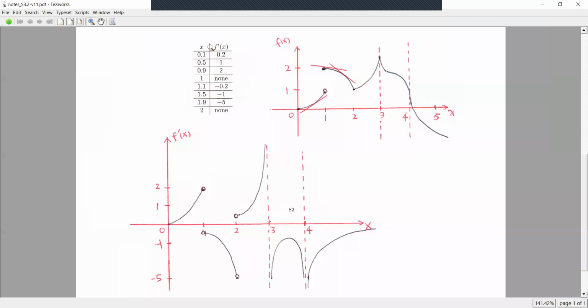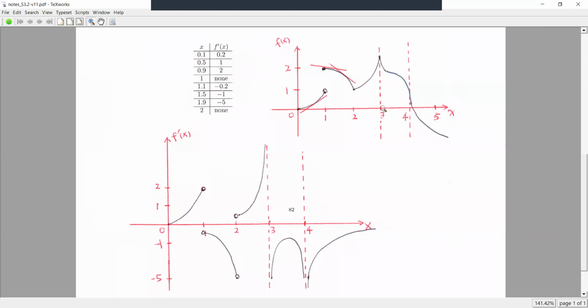Now, sketch the graph of this function between 3 and 4. Between 3 and 4, all the tangent lines have negative slopes. So between 3 and 4, the derivative is negative everywhere.